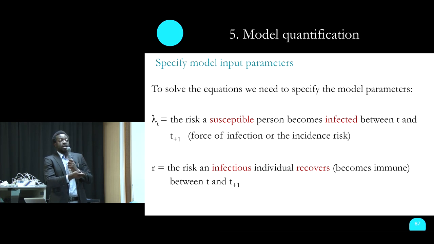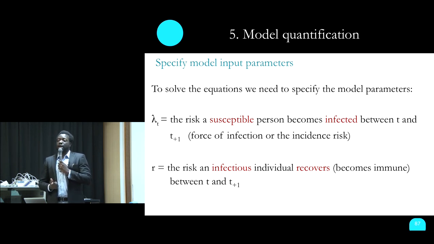You remember, they also call it the force of infection. We need to know the value of lambda t. R, which is the recovery rate, the risk of an infectious person recovering and becoming immune between t and t plus 1. We also need to know this value, so we need to quantify our parameters. This process of quantifying the parameters is called model quantification.